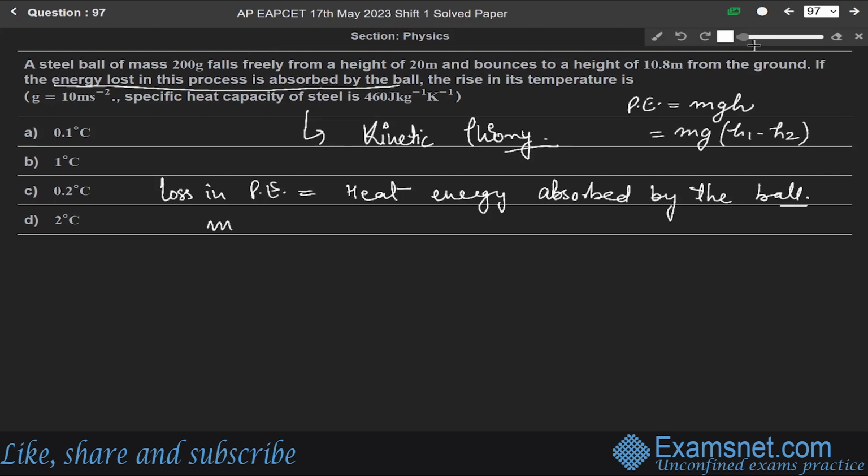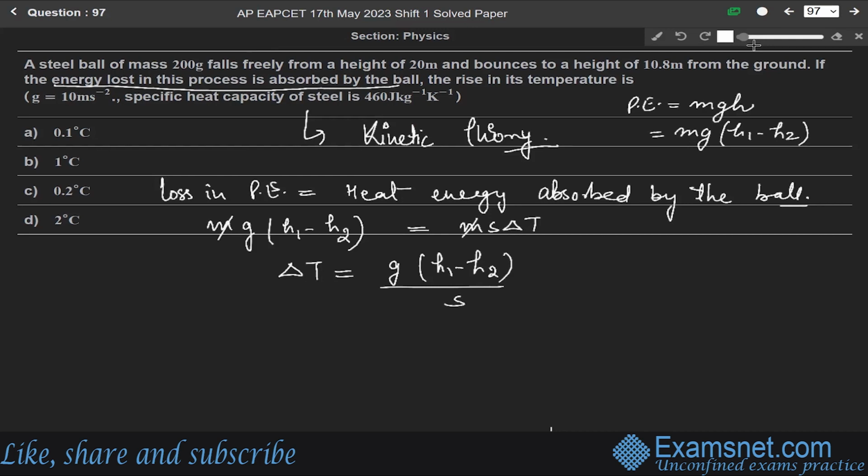So the loss in potential energy, mg(h1 minus h2), equals heat energy, which is ms delta T. From here m cancels, and delta T will be g(h1 minus h2) over s. Gravitational acceleration is 10, h1 is 20 meter, h2 is 10.8 meter, so 20 minus 10.8, over s. s is 460, the specific heat capacity given as 460 joule per kg per Kelvin.